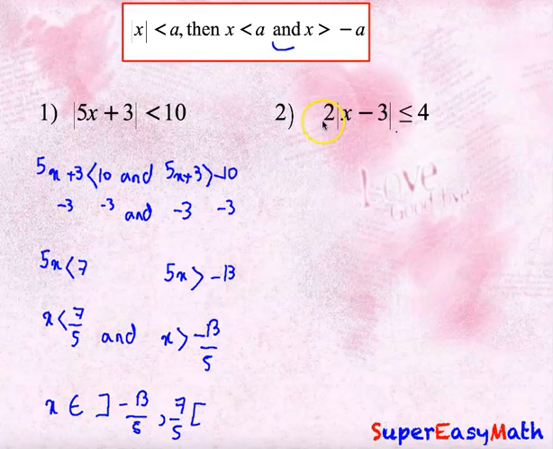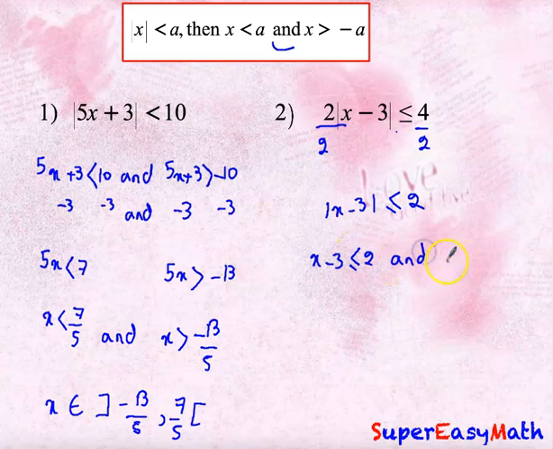Here we have to remove this 2 first, so we divide both sides by 2. Now we have absolute value of x minus 3 smaller than or equal to 2. Now to remove the absolute value, we will say x minus 3 smaller than or equal to 2 and x minus 3 greater than or equal to minus 2.